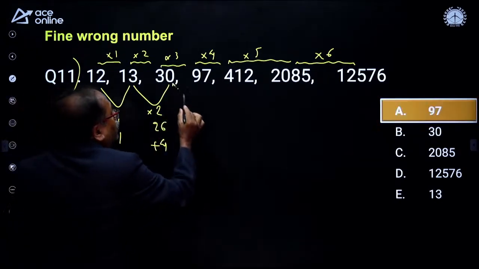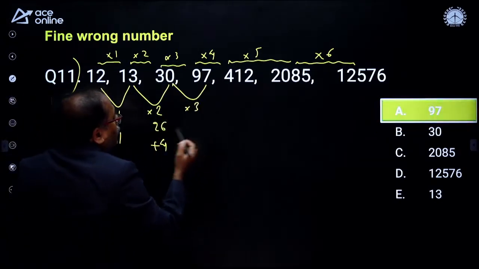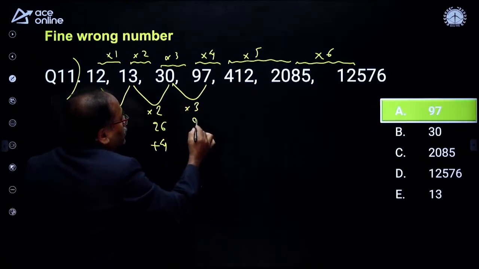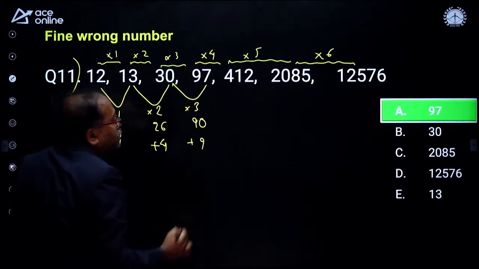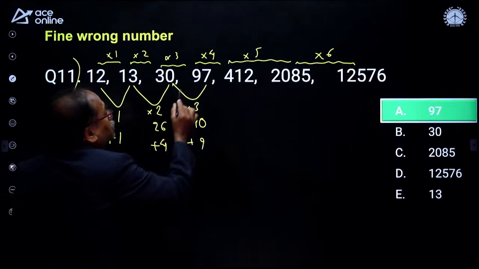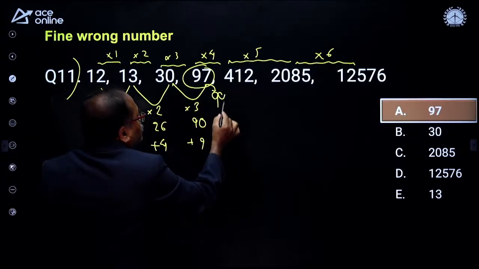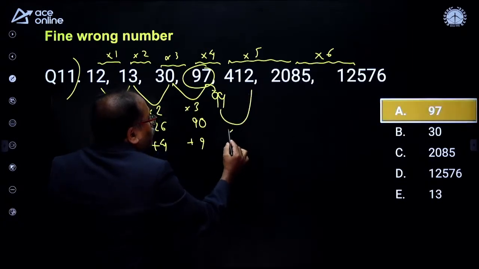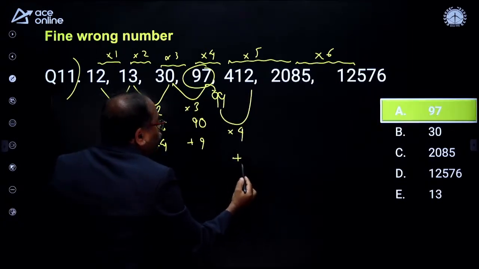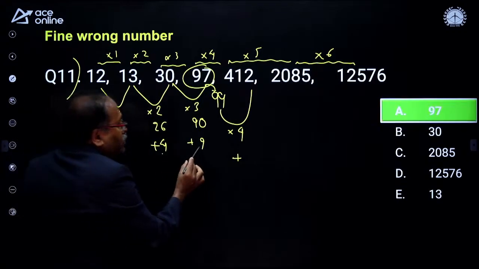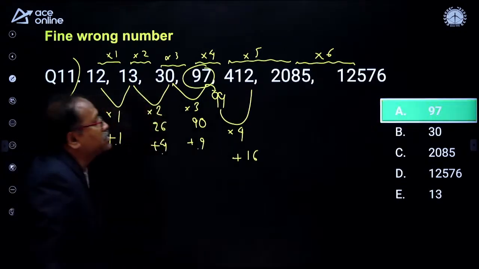Okay. Now when I go for this one into 3, then I am getting this as 90, and plus 3 square, 99. So if I replace this number by 99, then from here to here, it should be into 4 plus 4 square, which is 16.